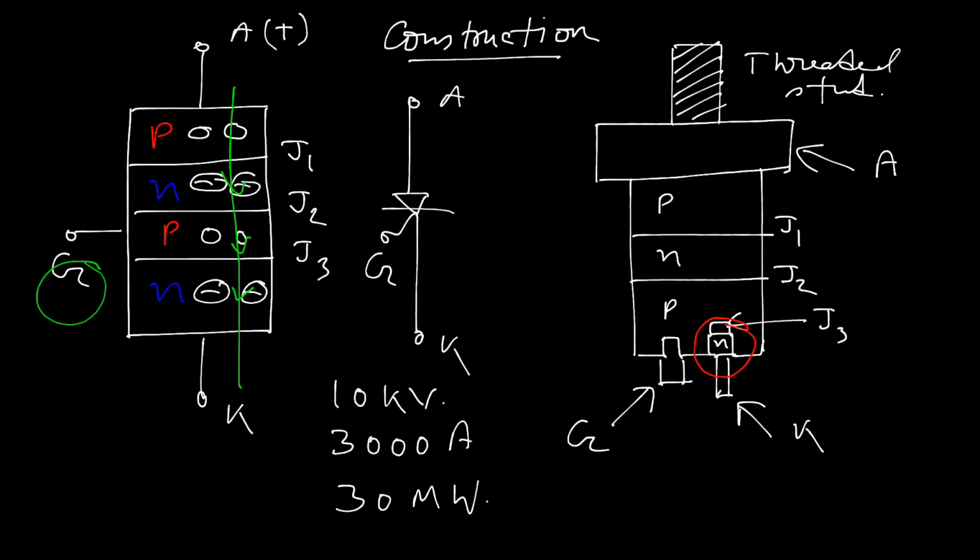So we can plot this VI characteristic by using a proper circuit. Let me draw the circuit first. This is a circuit diagram through which we can present the VI characteristics.